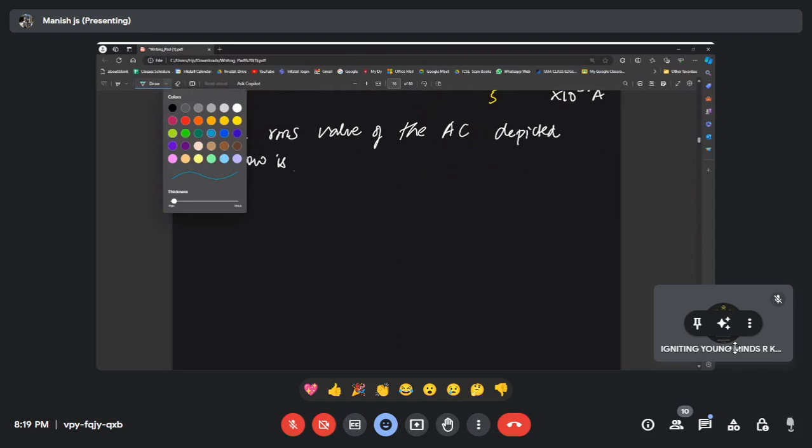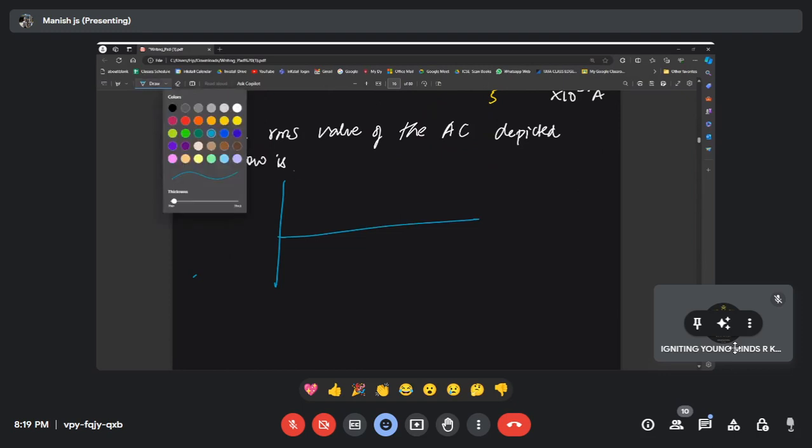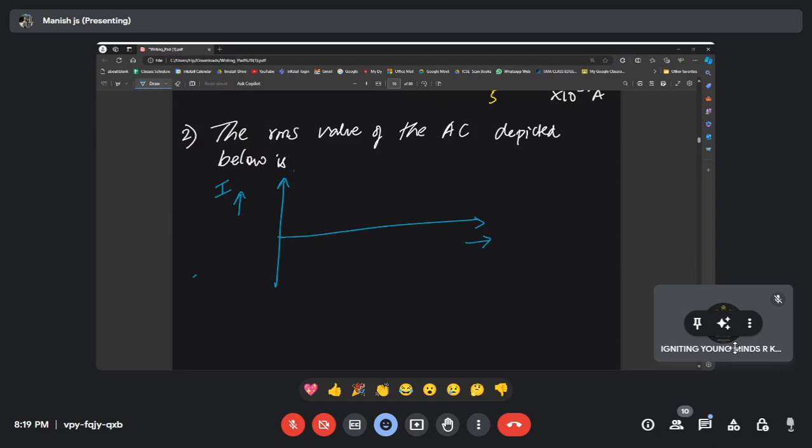So you have basically there is a graph, there is a waveform. So they are asking what is the RMS value. Okay, this is the waveform. So here this axis is current axis. The vertical axis is always current axis, and the horizontal axis is always the time axis. Now this is how the graph looks.